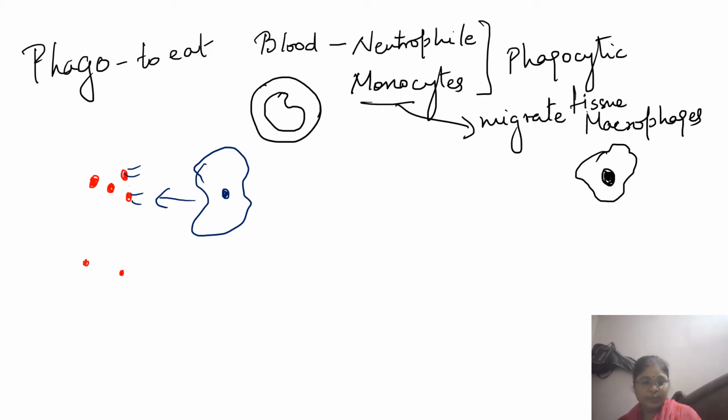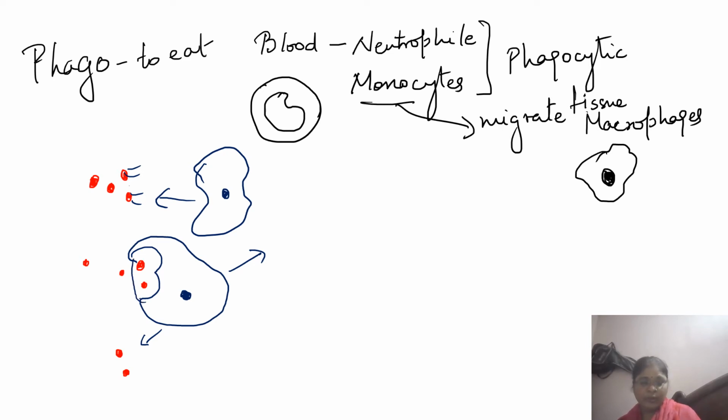Now suppose these are the bacteria. Your macrophage moves towards it and tries to form pseudopodia. They try to engulf that bacteria into it. And the next step, if I draw it, they will do something on this side so that it becomes clear. So they now have two membranes, and these two membranes will fuse.